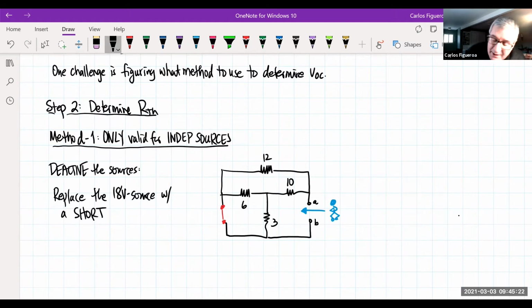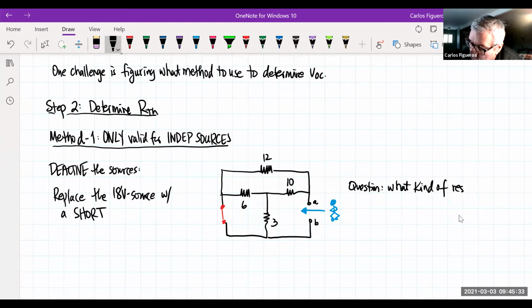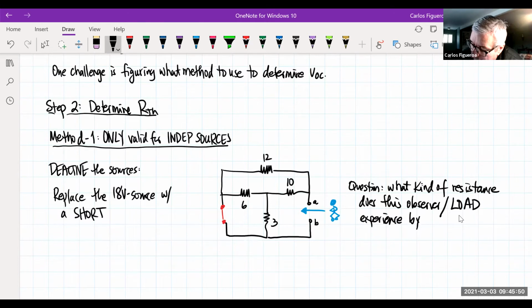The question we're asking is, what kind of resistance does this observer slash load experience by being at the open?